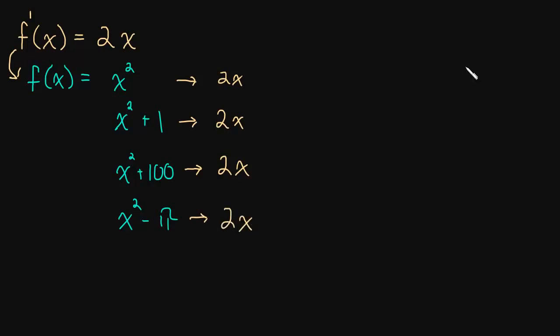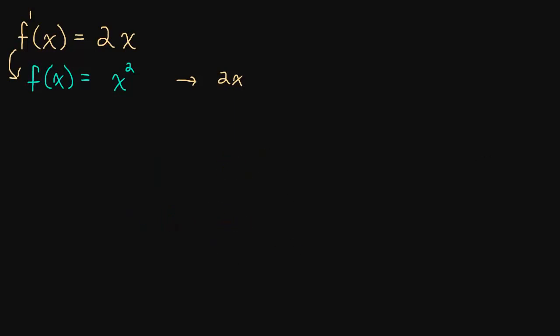So instead of trying to pick a constant, because we know there's an infinite amount of constants we could put here, and these are all different functions, but when you take the derivative, they all become 2x, we're just going to add an arbitrary constant.